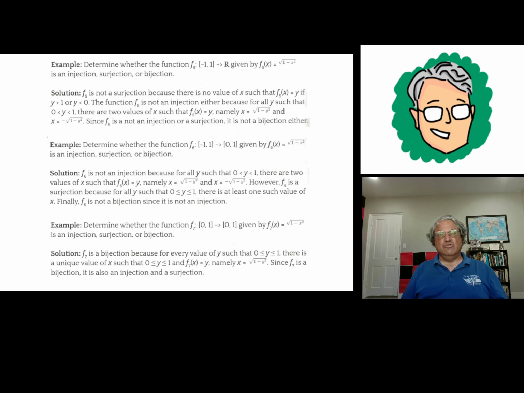And functions that are equal to their own inverse are functions that are symmetric about the line y equals x. They're kind of rare, but this is an example of such a function. y equals x is another example, kind of a trivial example, because if y equals x, then x equals y.